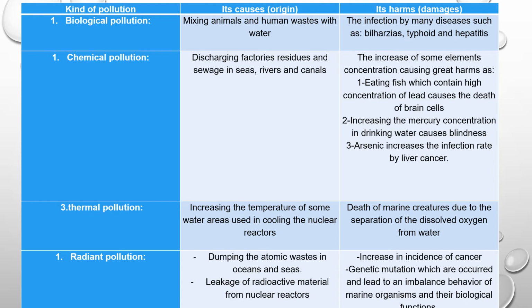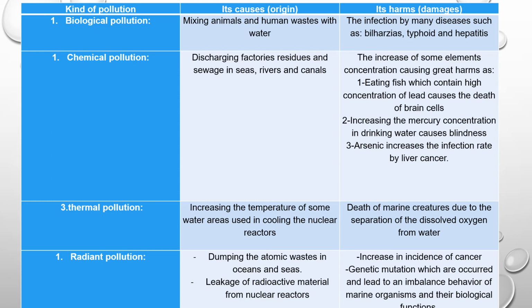Number 1, biological pollution is caused by mixing animal and human wastes with water, and that causes bilharzia, typhoid, and hepatitis. Number 2, chemical pollution is caused by discharging factories' waste and sewage in seas, rivers, and canals, and that causes more bad things.